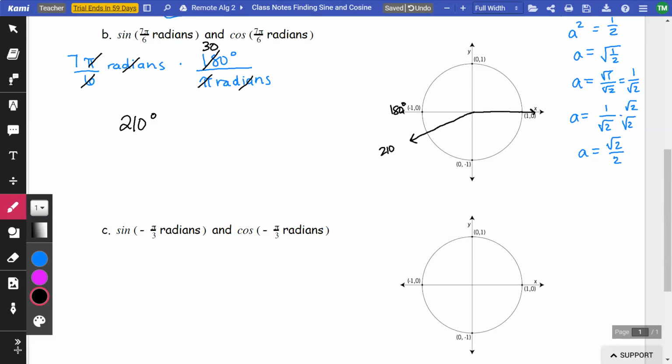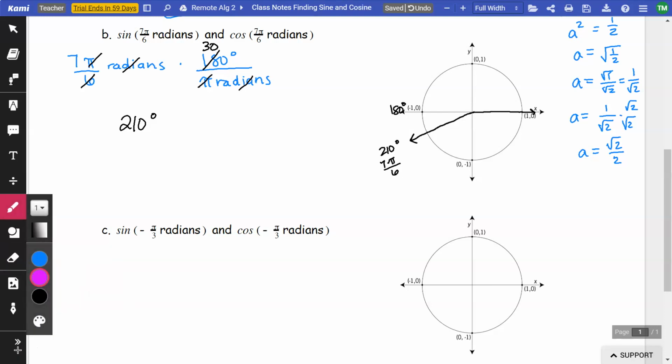So 210 degrees is right here, which is the same thing as 7 pi over 6 radians. So 210 degrees and 7 pi over 6 radians are at the same place on the unit circle. So I know that, and hopefully you were able to get this far without me.